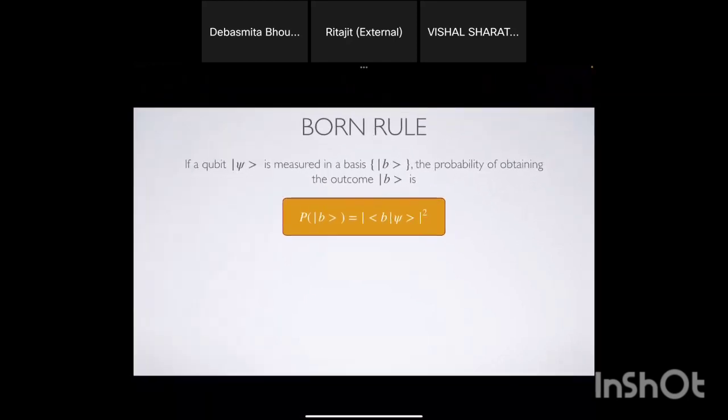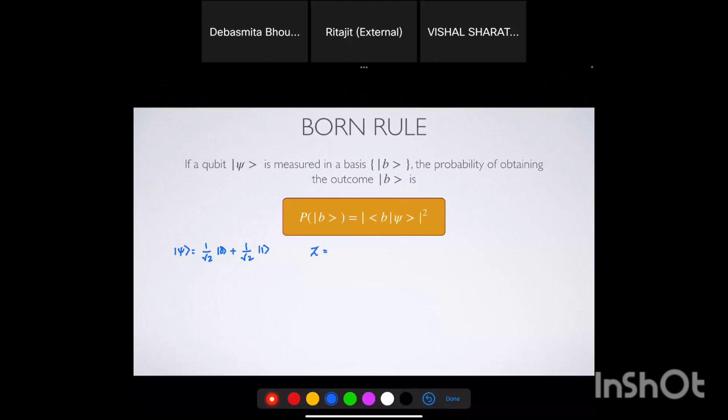Here we have the state psi, which is 1 over root 2 |0⟩ plus 1 over root 2 |1⟩, and we are measuring it in the Z basis, which is equivalent to saying the |0⟩, |1⟩ basis. What is the probability of getting outcome 0? The Born rule says it is |⟨0|psi⟩| squared.